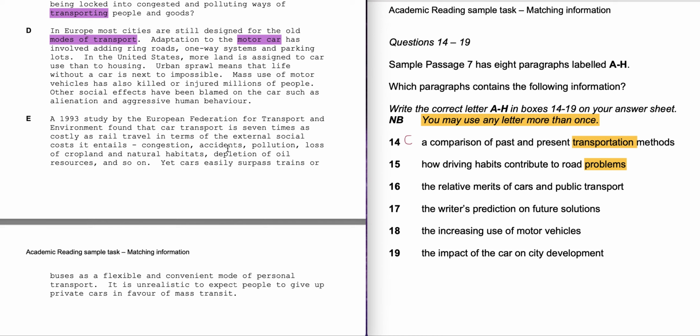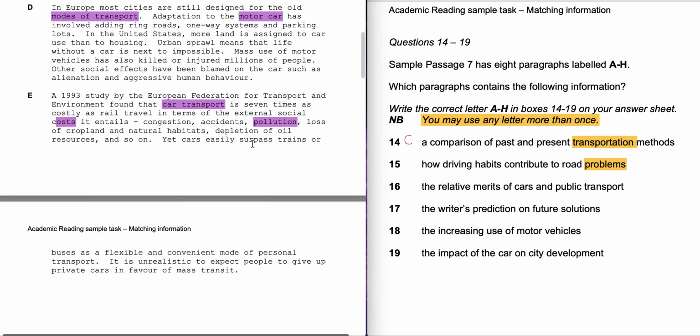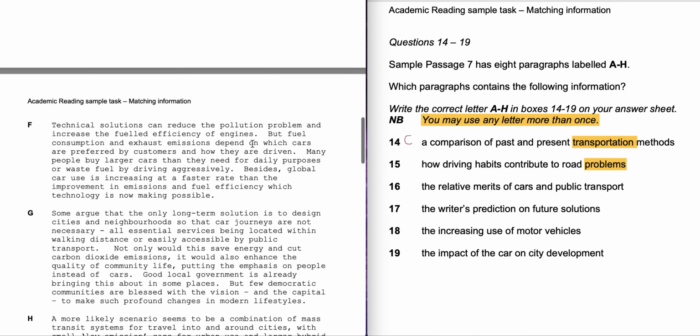It entails congestion, accidents, pollution, loss of cropland and natural habitats, depletion of oil resources, and so on. So they are saying about the cost of car transport and all of these issues which they are facing with it. So it's not related to our question, and then we go further.